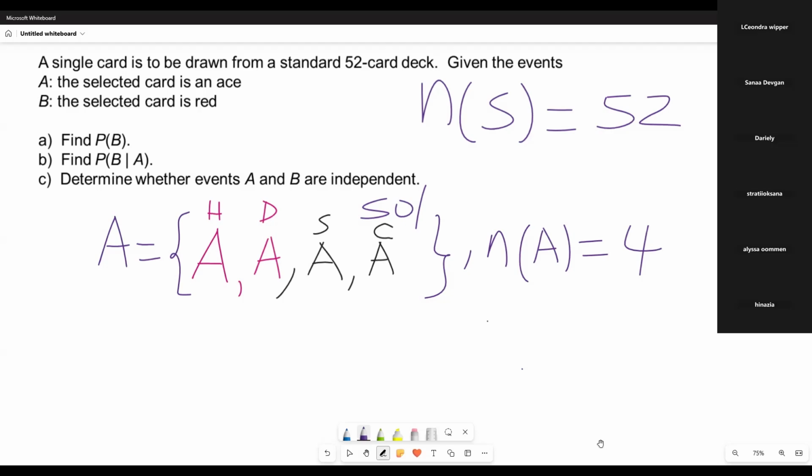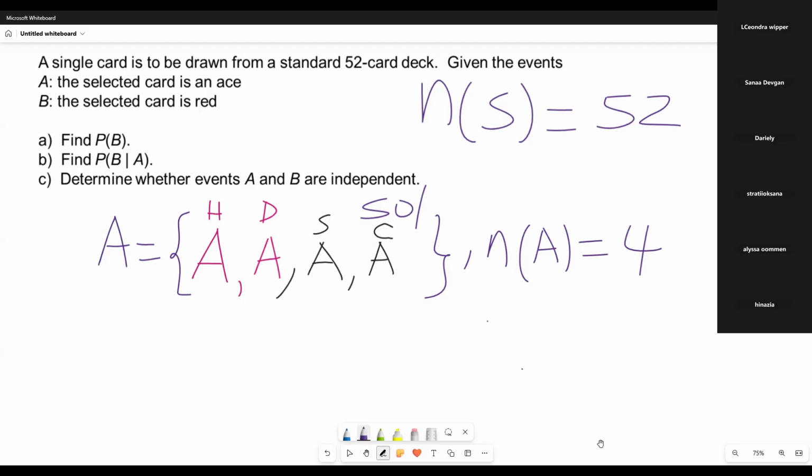Now, you know, a 52 card deck has 4 aces. You got ace of diamond and ace of heart, both are red. You got ace of spade and ace of club, both are black.